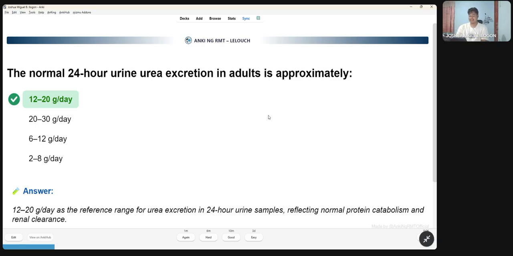Okay, 24-hour urine samples for urea. Oh my gosh, I forgot about this. 6 to 20. Okay.